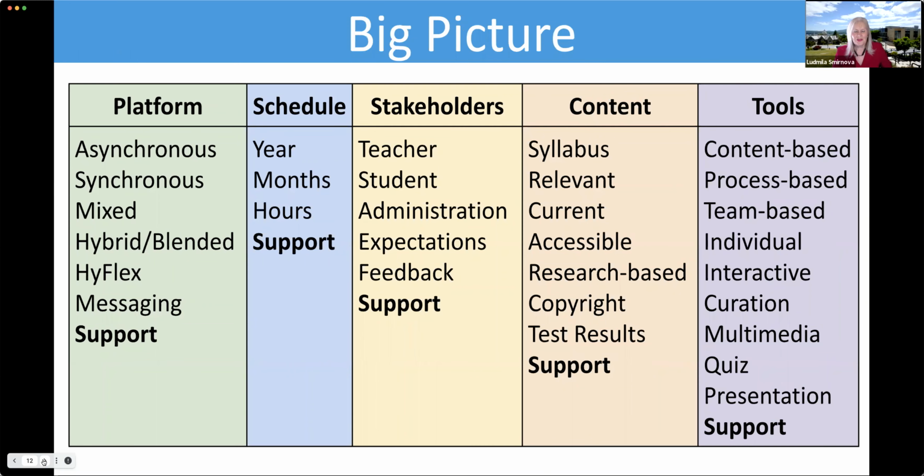When you use different platforms, and we know that there are different platforms. My college used to have WebCT, and then we tried everything, and then we decided that we will stay with Moodle.